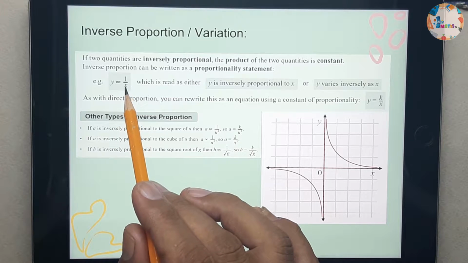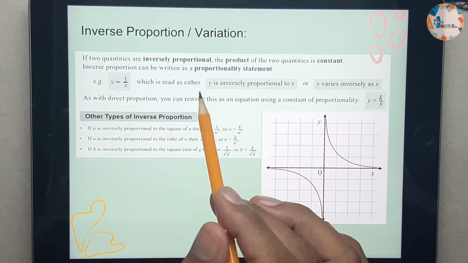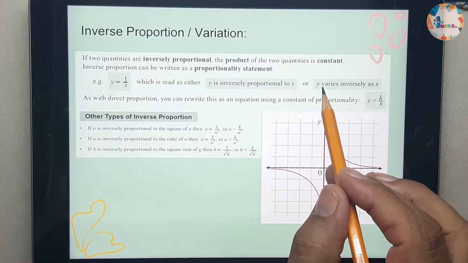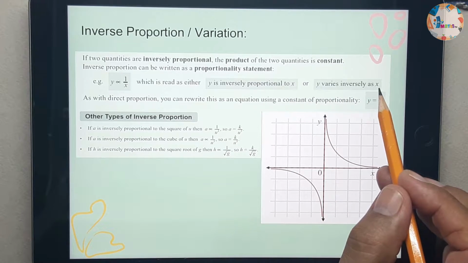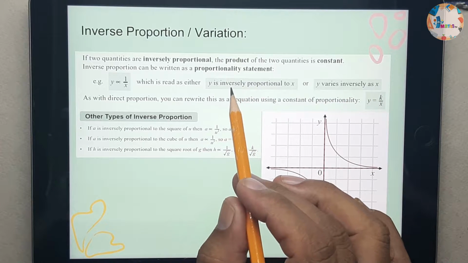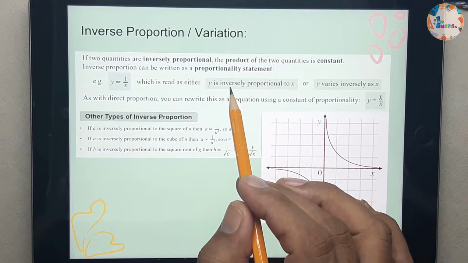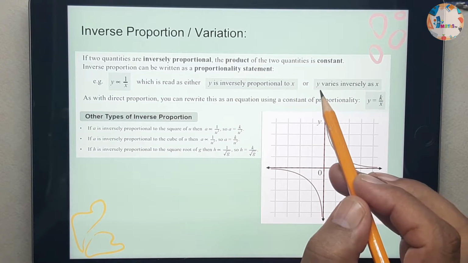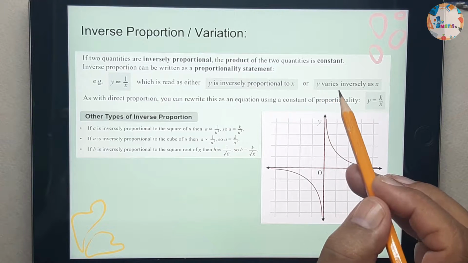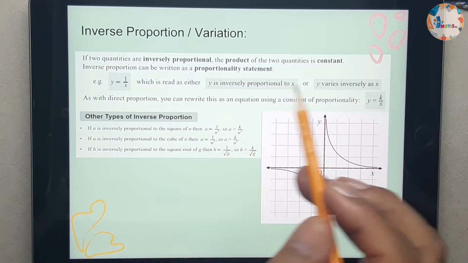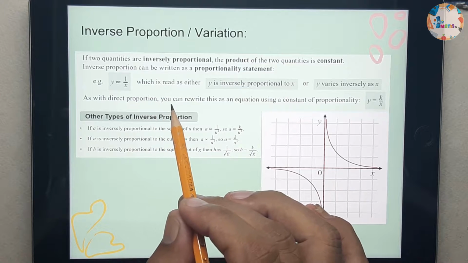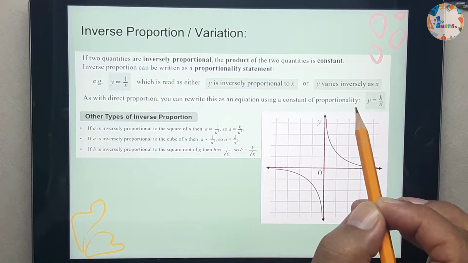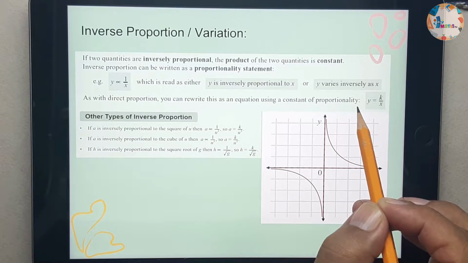For example, y is proportional to 1 over x, which is read as y is inversely proportional to x, or y varies inversely as x. In questions they give different wordings, like y is inversely proportional to x, or sometimes y varies inversely as x. As with direct proportion, we can rewrite this as an equation using a constant of proportionality.